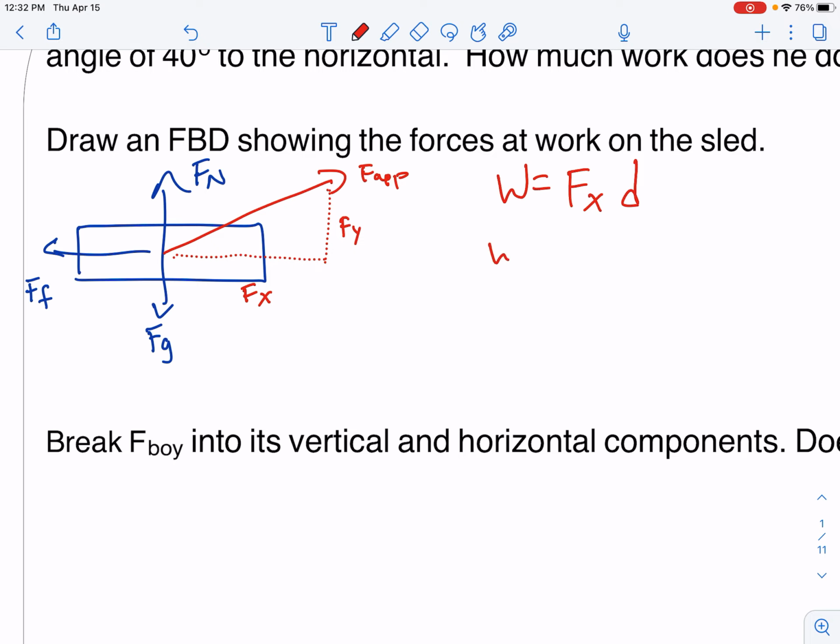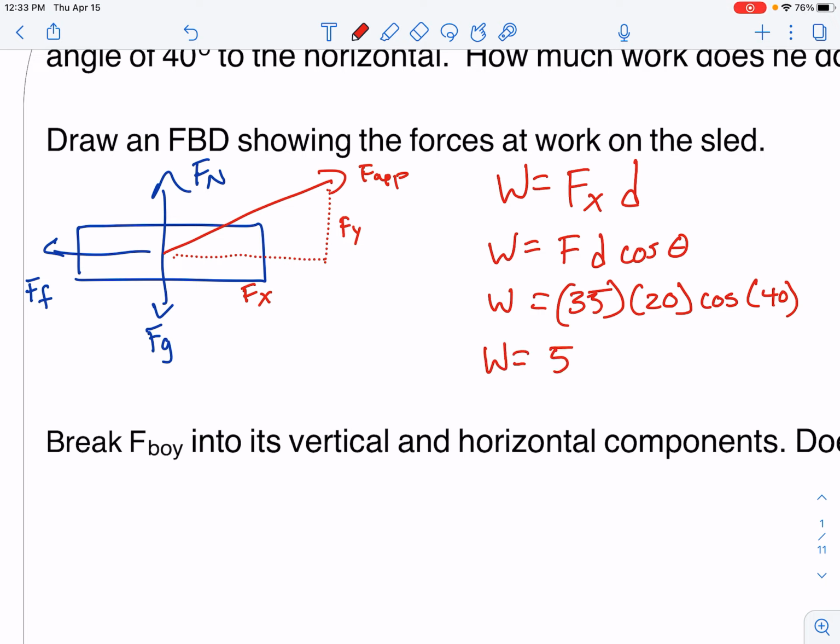As we've introduced before, we can expand out our formula so that work equals force times distance times cosine theta. Our force is 35, our distance is 20, and the angle is 40. So the work done in this case is 536 joules.